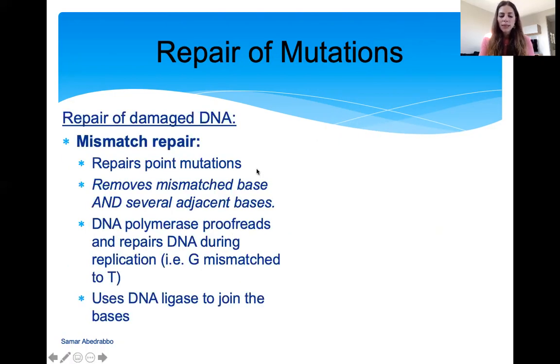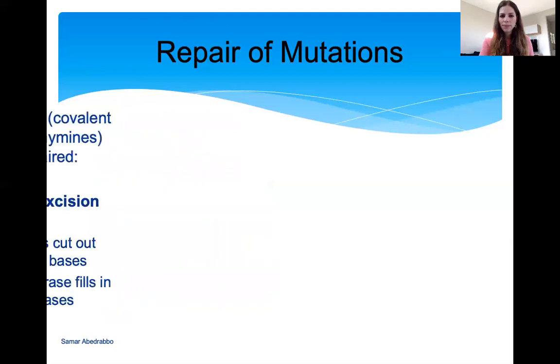So with mismatch repair, it repairs point mutations and it removes mismatched bases and all the other bases that are around that base that got changed. And what happens is DNA polymerase is always proofreading because DNA polymerase is involved in replication. And when it makes a mistake, it'll actually go back and do mismatch repair. And once you cut out all the bases that shouldn't be there, use DNA ligase to join the bases.